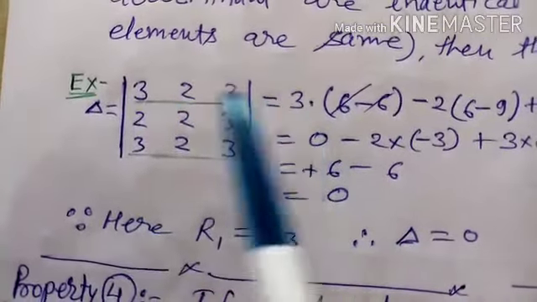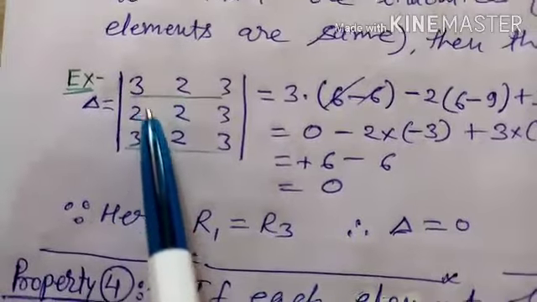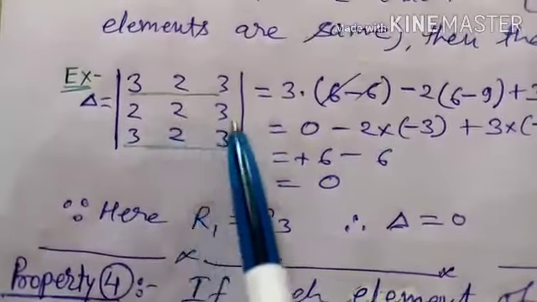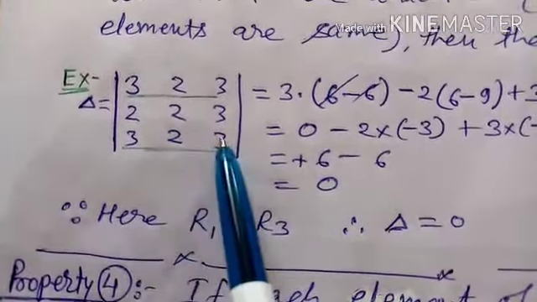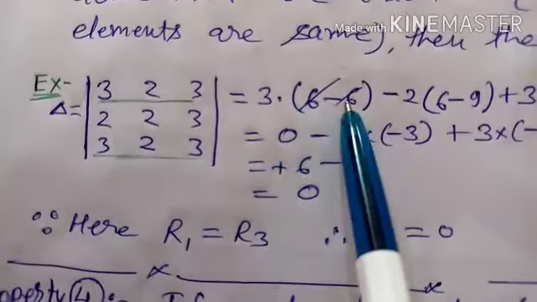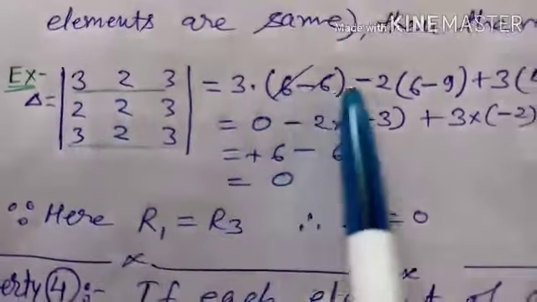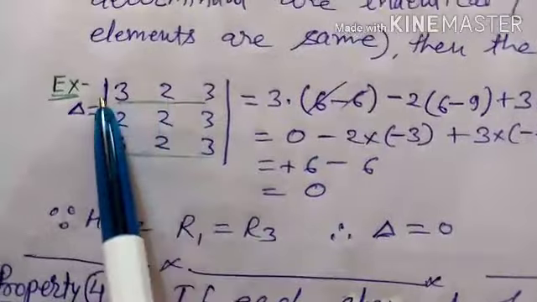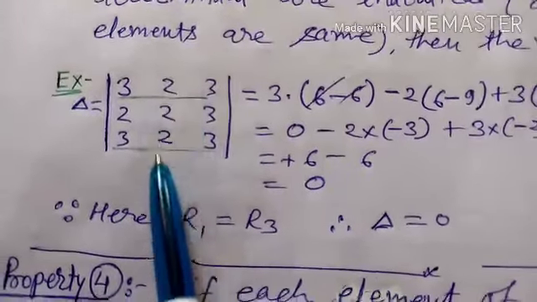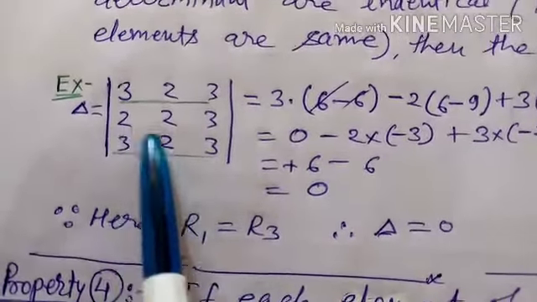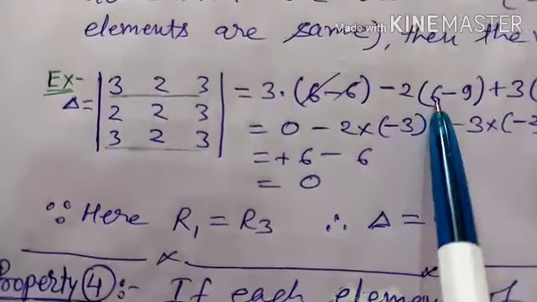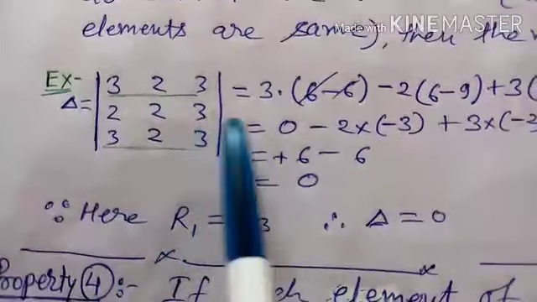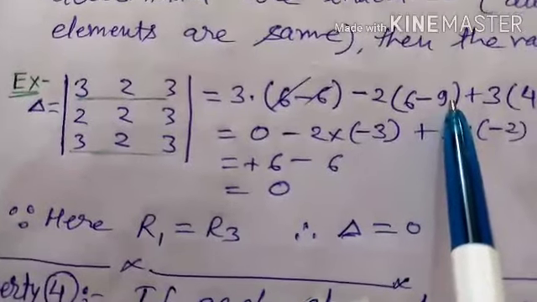So first write 3. First row and first column deleted, so only this 2 by 2 determinant remains. So 2 into 3 is 6, 6 minus 6. Plus, after that minus, this is minus 2. First row and second column deleted, so 2 into 3 is 6, minus 3 into 3, that is minus 9.